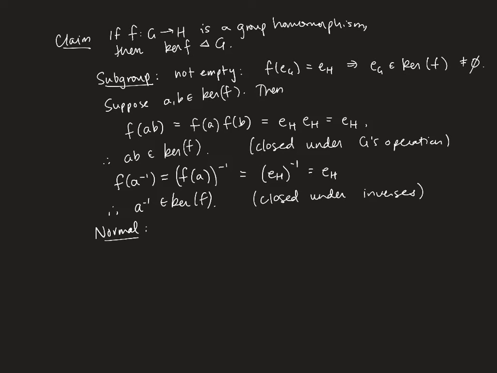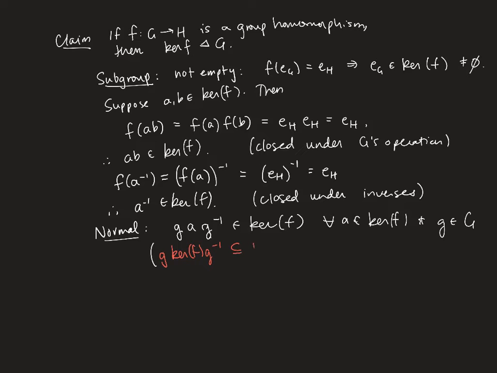We can show that g a g inverse is in the kernel of f for all a in the kernel and g in the group G. So this is essentially showing that g kernel of f g inverse is a subset of the kernel, and I'm doing that by an element argument. Okay, so this is what we want to show.